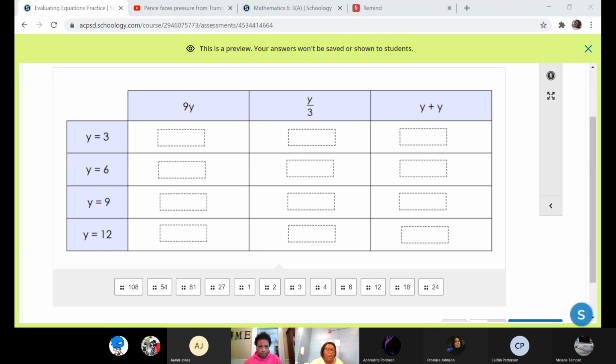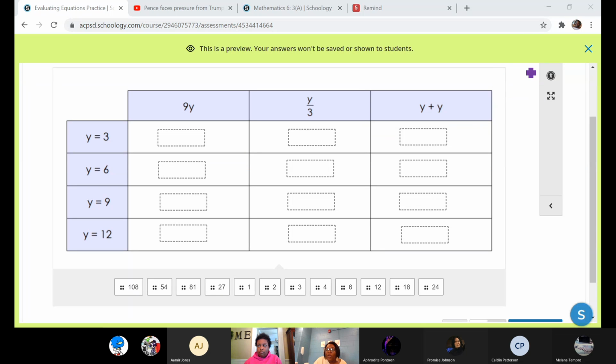Here we go. All right, so what we're looking at here is you're going to basically be solving 3 different problems using Y being equal to 3. So we're going to be substituting Y for 3 in 3 different problems. Let's start with the easiest one.